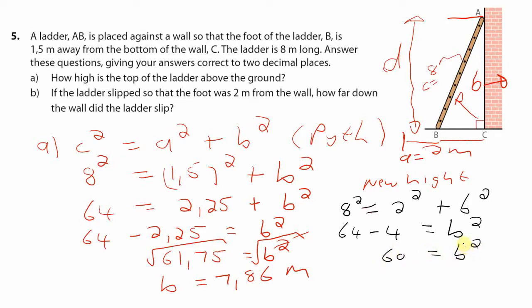We know we don't want b squared, we want b. Opposite of square is square root. Cancel. What we do to the right, we do to the left. Now we simply have b, and we need to find the square root of 60.